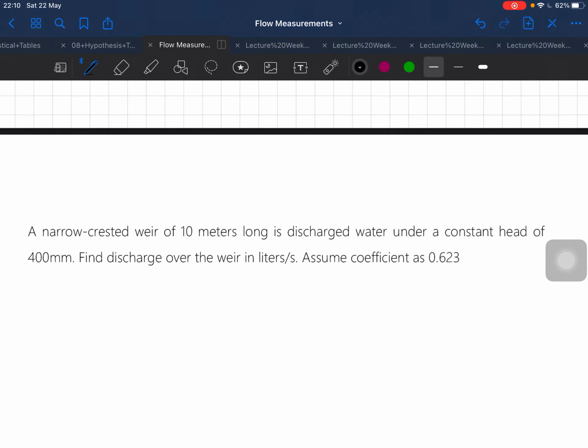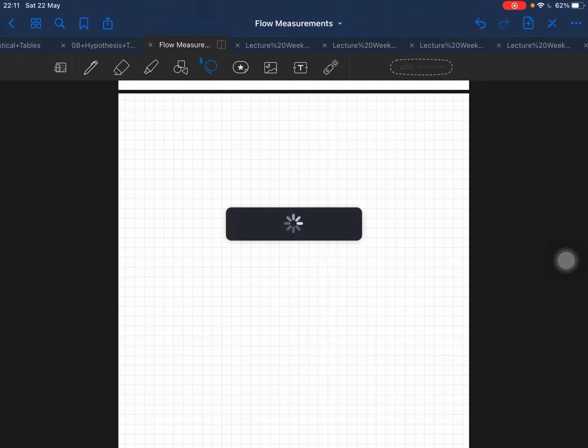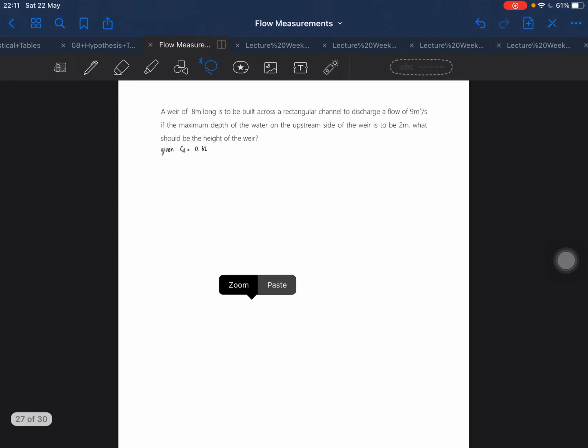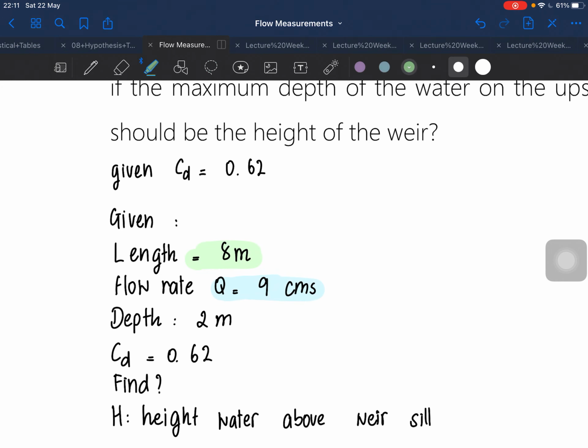Okay, so a narrow crested weir of 10 meters long. Oh wait, for a second, sorry. I just want to put this up there so I can send it to you guys in a very neat, nice paragraph. So this is given from the problem.